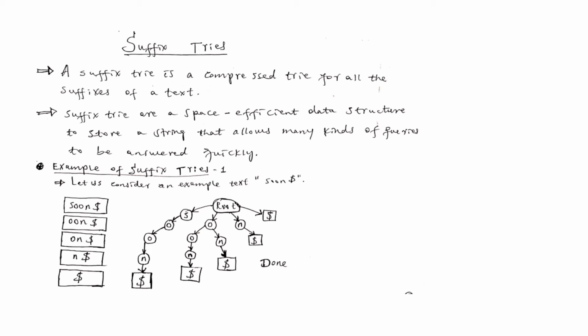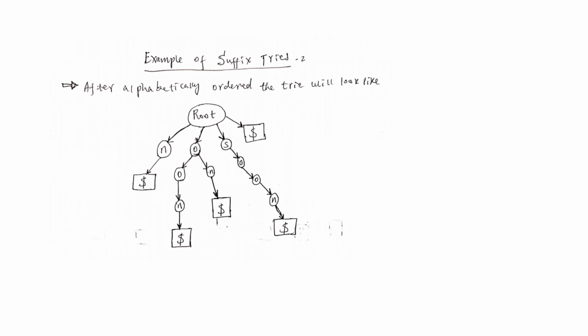Example of suffix trees, I have mentioned it. This is the example of suffix trees. And also a second example, I took this one. It should be written alphabetically or in order. After we have alphabetically ordered that one, we can structure it this way, and also we have to put the termination.